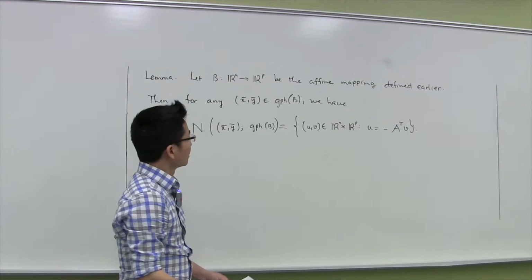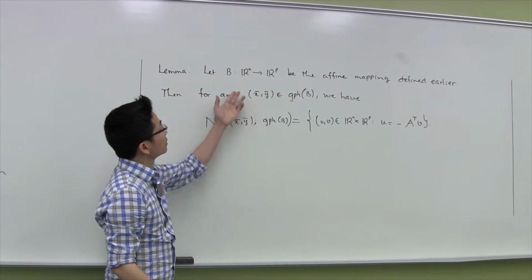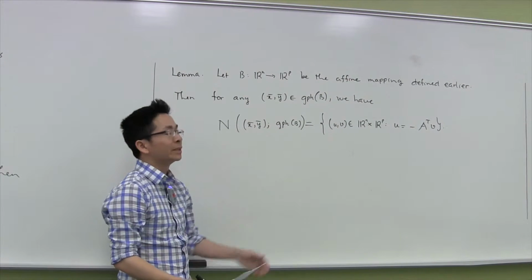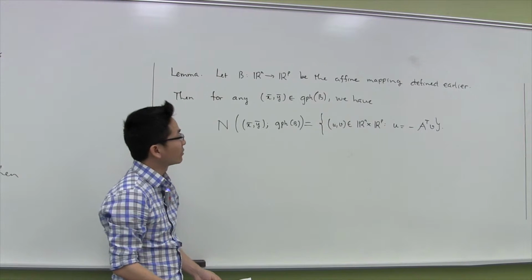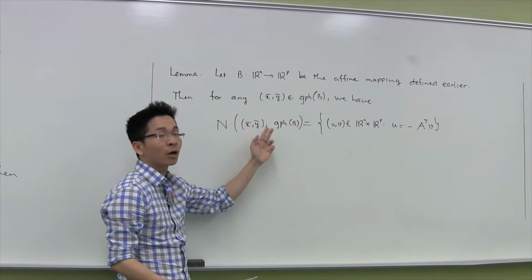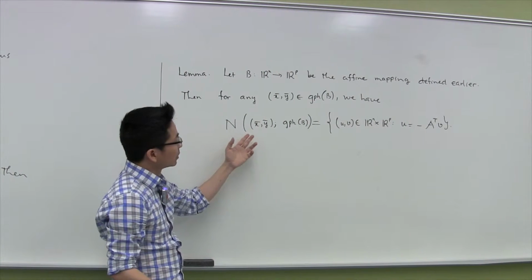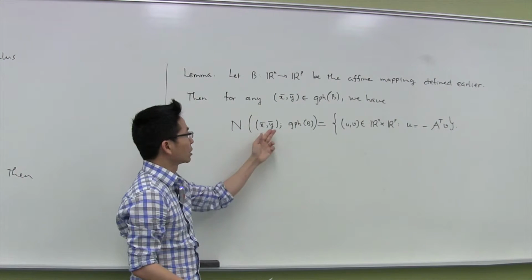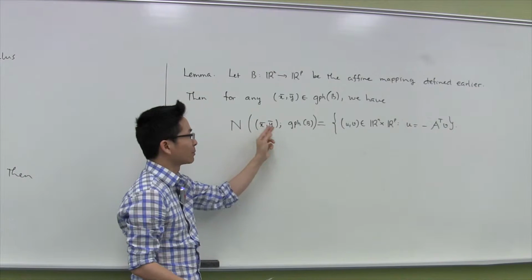Note that if B is an R-phi mapping, then the graph of B is always an R-phi set, and in particular it is a convex set. So this formula represents the normal cone to the graph of B at any point x bar, y bar.